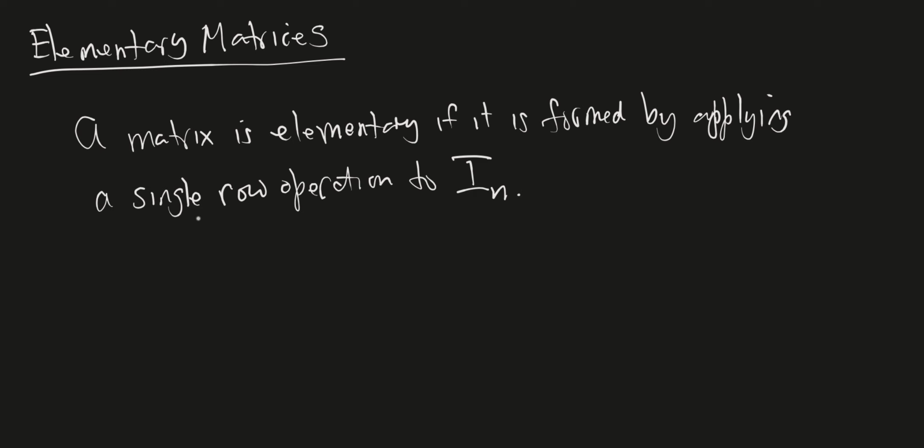So if you perform one row operation on the identity matrix, what you will get is an example of an elementary matrix, right? And the key is it's exactly one operation that you're allowed to perform.